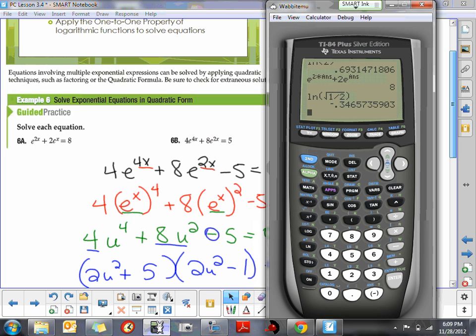To cross our T's and dot our I's, you would take 4 times e raised to the 4 times our answer, plus 8 times e to the 2 times our answer, and that should give us 5.